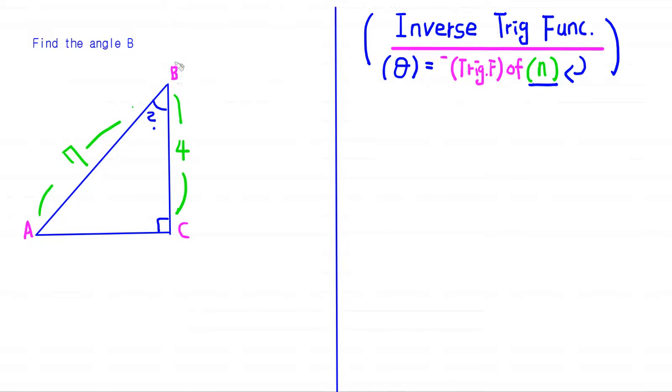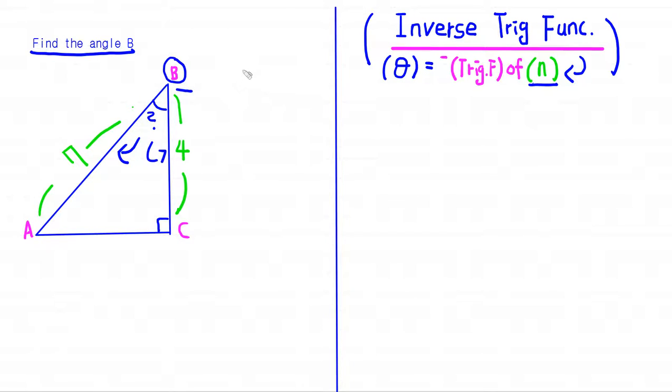And right now we are going to find the angle B because it said find the angle B. The given sides are 4 and 7. The 4 is the adjacent side of B, and the 7 is the hypotenuse.